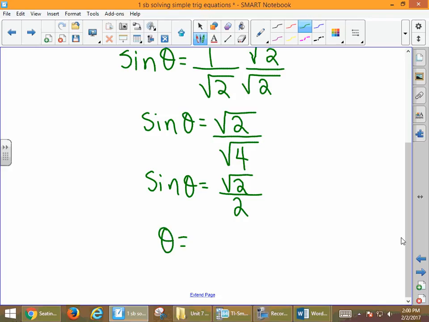In the first quadrant, what angle of sine has a value of radical 2 over 2? Pi over 4. And then, what quadrant is sine also positive in? Quadrant 2. And so what's the pi over 4 angle in quadrant 2? 3 pi over 4.